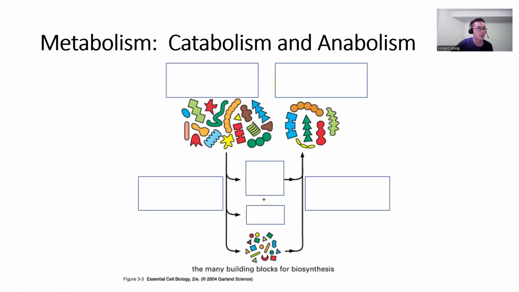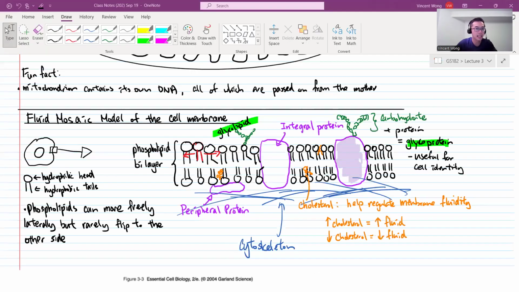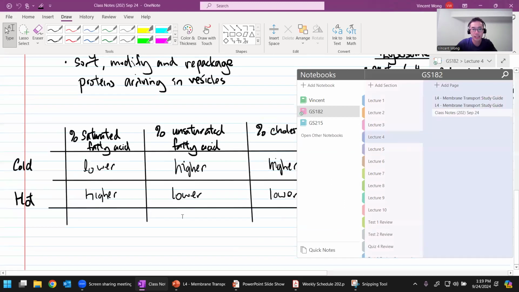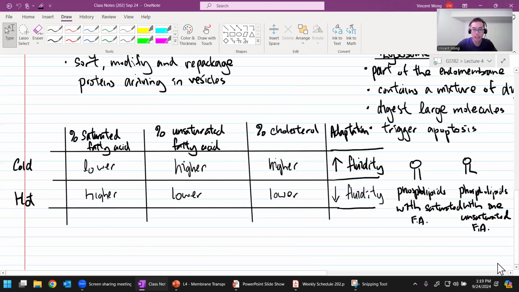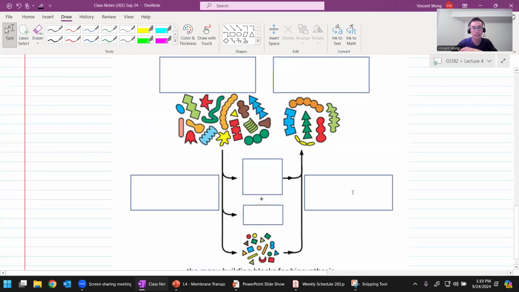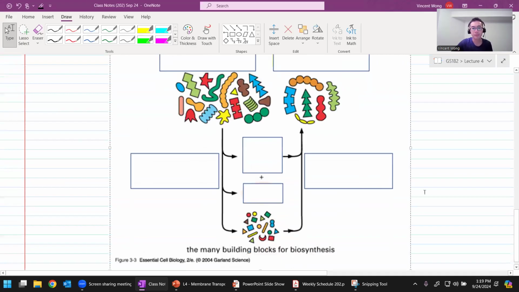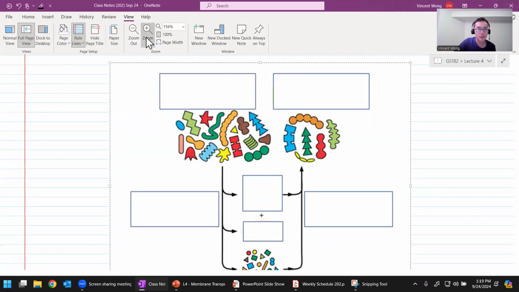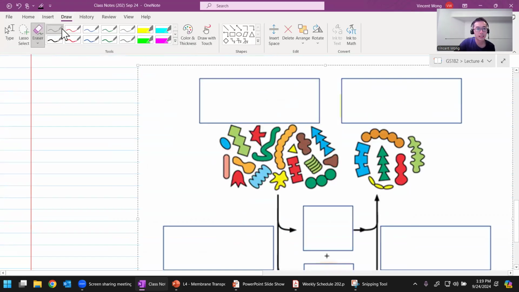I think you have this picture in your study guide. If you don't have your study guide, you can just follow along and maybe do a quick sketch of it. So on the left side here, let me zoom in a little bit for us.